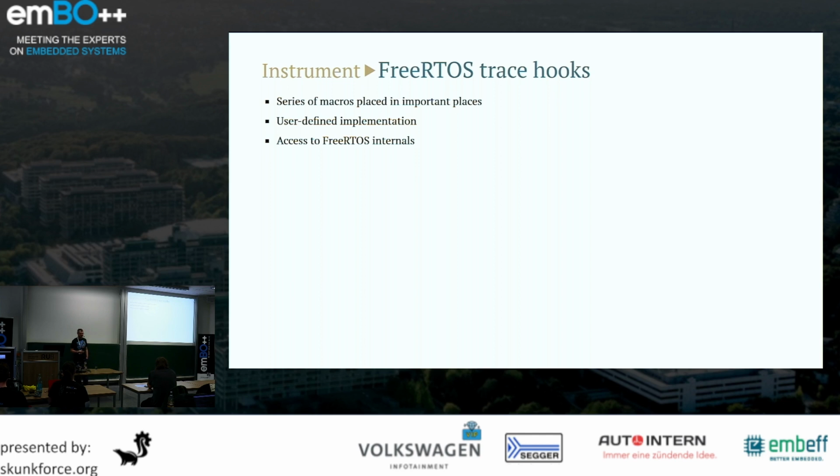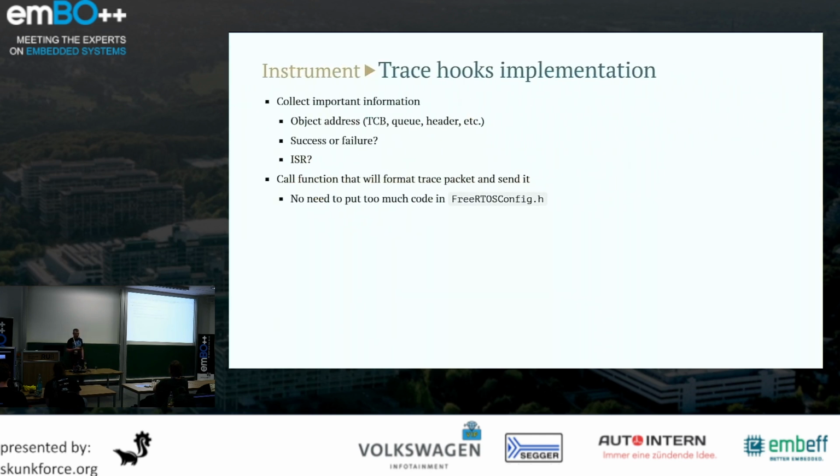We can implement these as FreeRTOS users, and get access to the FreeRTOS internals, like parameters in the function that was invoked, like the address of the queue or the address of the element being pushed to the queue. And we can also get information that is not usually visible to the FreeRTOS user, like internals of the TCB structure. And we can use this information in trace hooks.